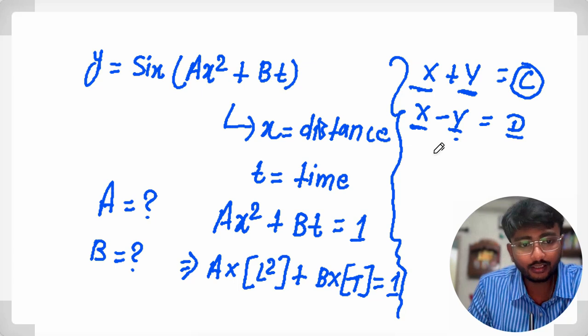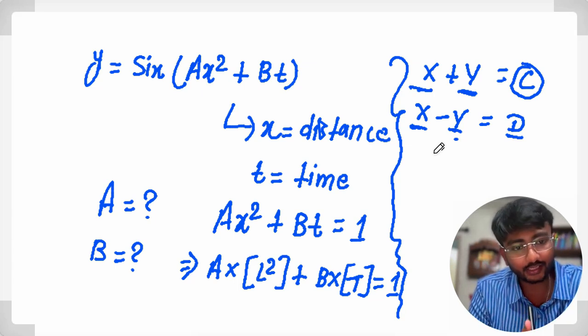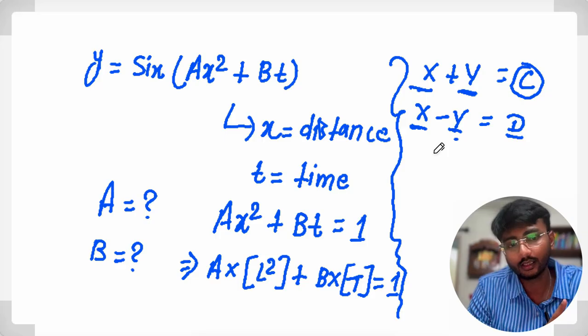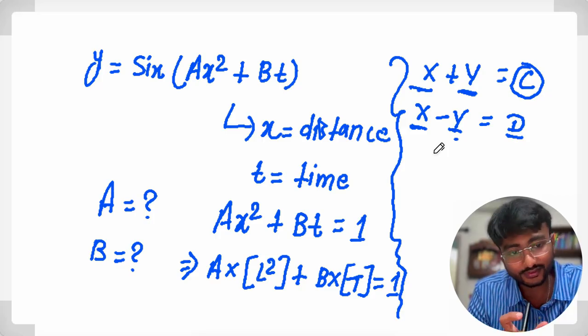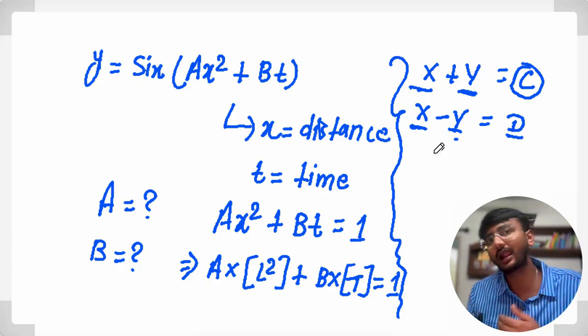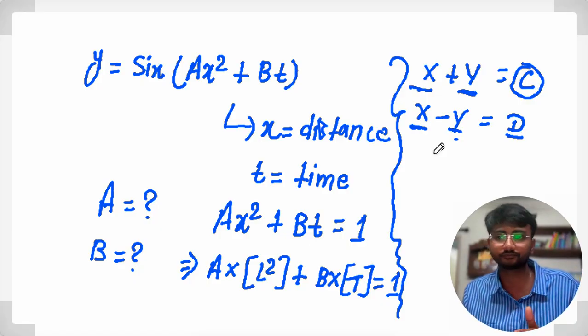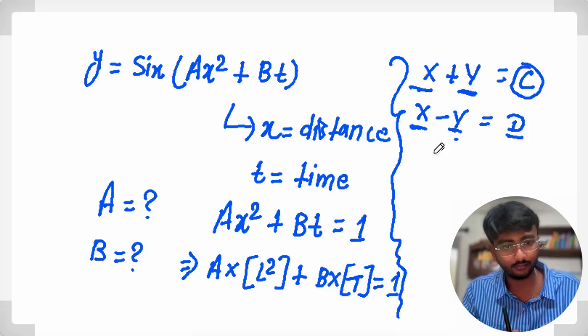It means you can only add those quantities which have similar dimension, or subtract those which have similar dimension. You can't add or subtract quantities which have different dimensions. We can only add those physical quantities which have similar dimension. In general, you can't add a horse to a donkey, right?